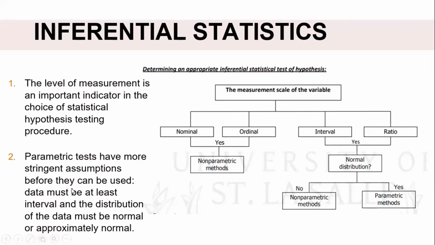Data must be at least interval, and the distribution of the data must be normal or approximately normal. In reality, having a perfect normal distribution is most likely impossible. However, it could be approaching normal or approximately normal, but perfectly normal, not that much.